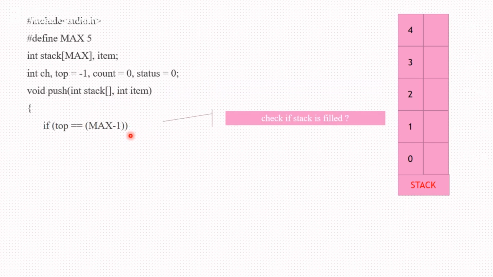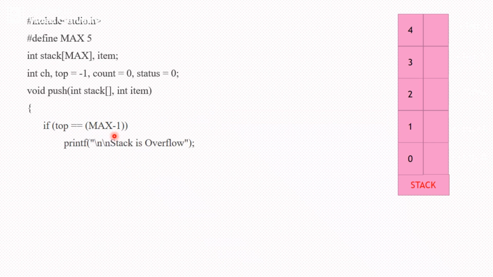Next, as I said, in case of push, you should always check whether the stack is full, or whether the stack has reached the maximum size. That is why top equal to max -1. The moment top becomes max -1, the stack overflow condition information you should send to the user. After that, stack of ++top is equal to item.